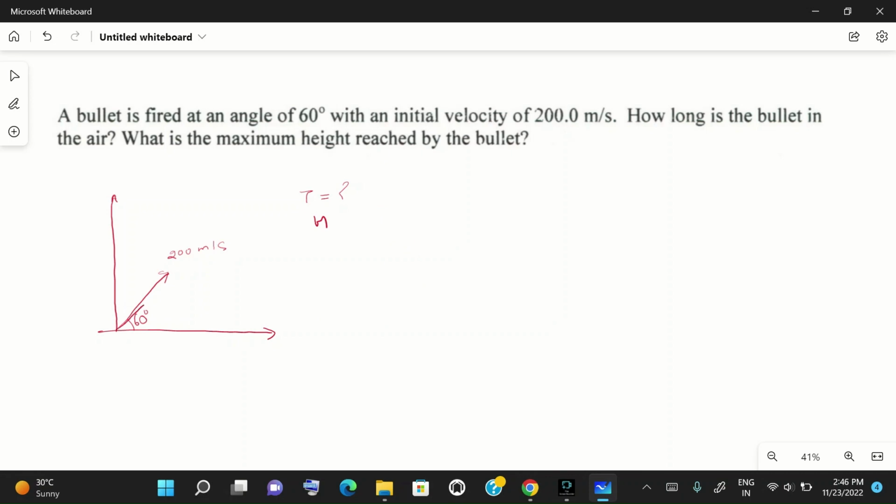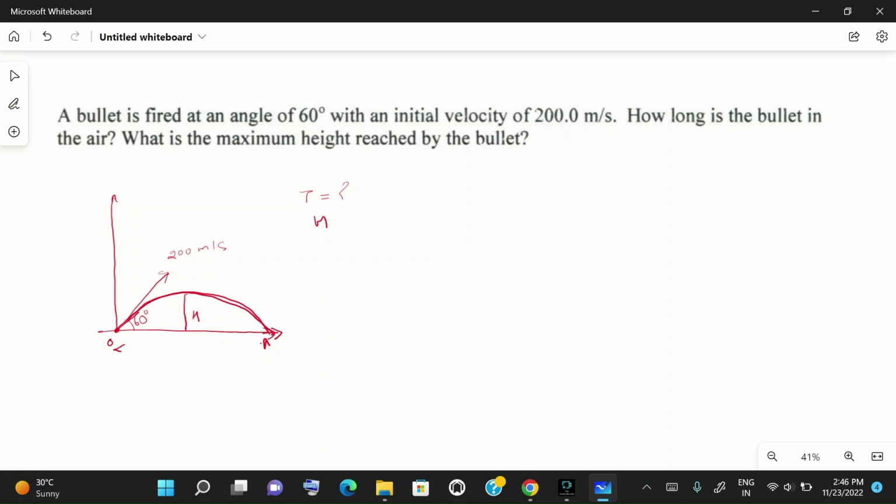So this bullet will travel like this. So this is maximum height h, and what is the time of flight? Total time starting from this point O to point A. The bullet will be in the air up to this distance.